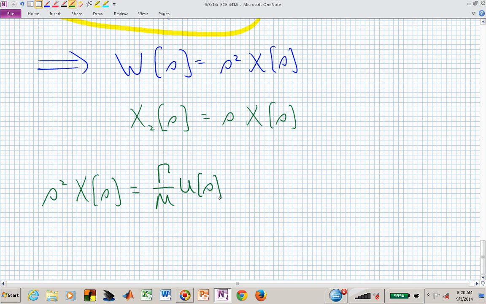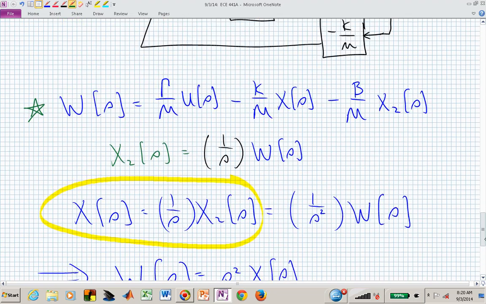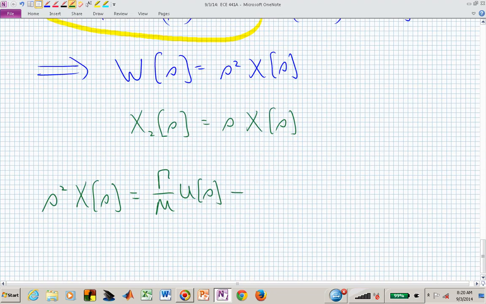That's okay. I simply need x's and u's. I have a minus k over m x. That's fine. I don't need to change that. And then I had a minus b over m x sub 2, but I'm going to replace that with an s x of s.